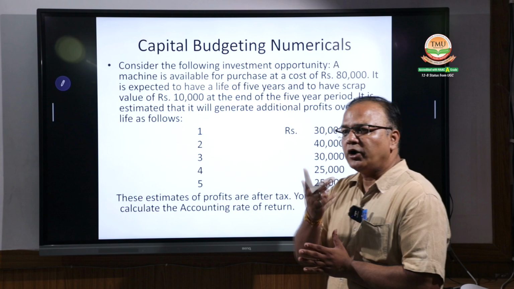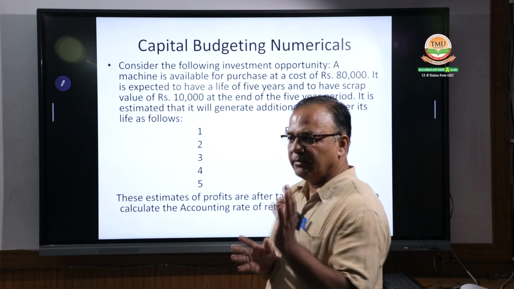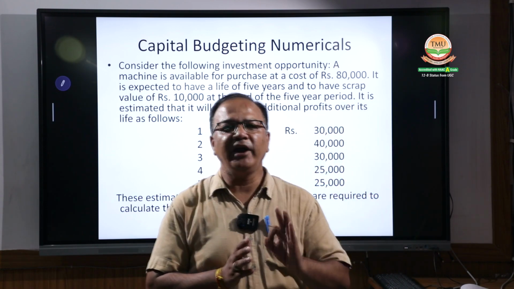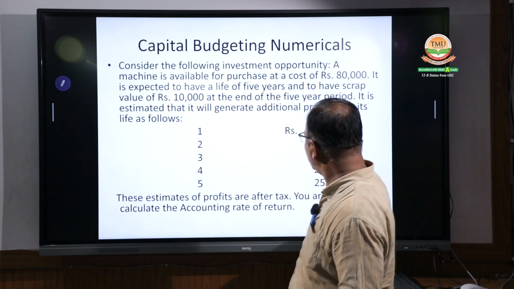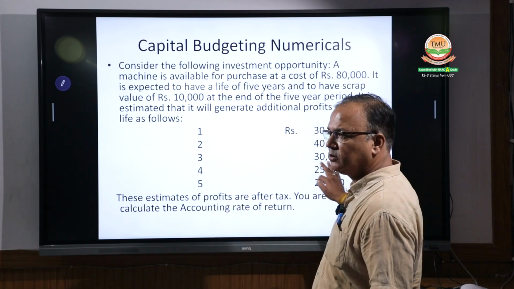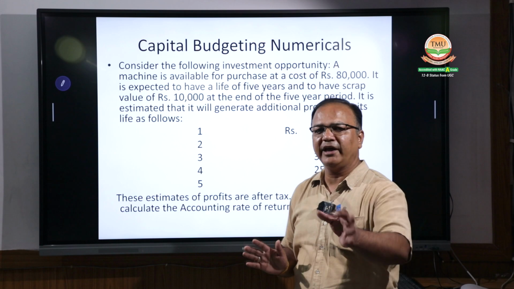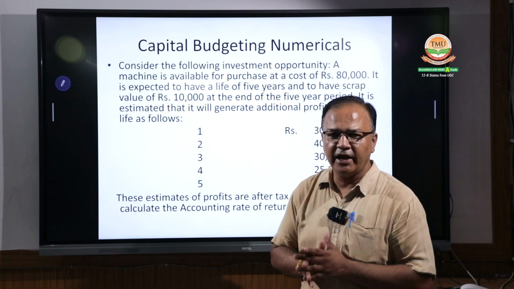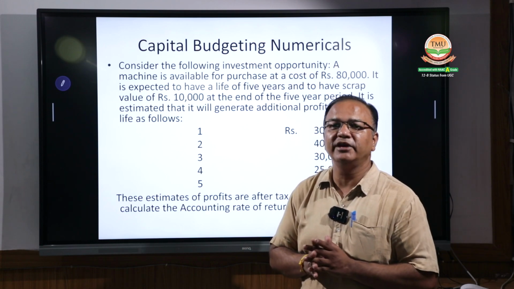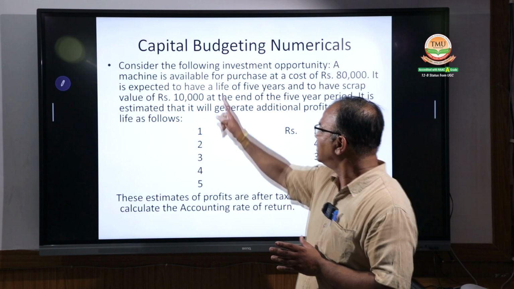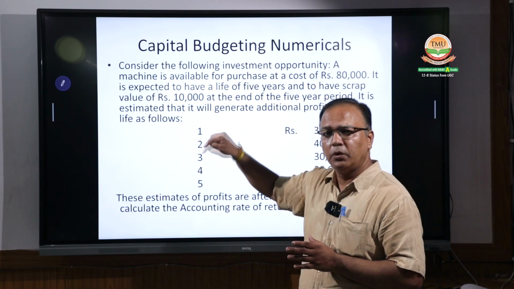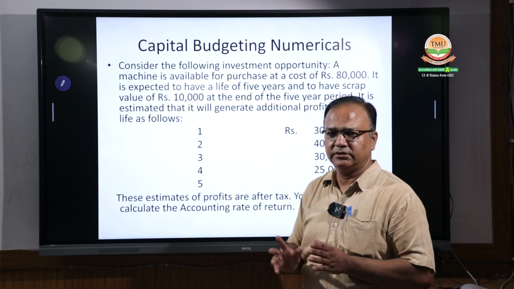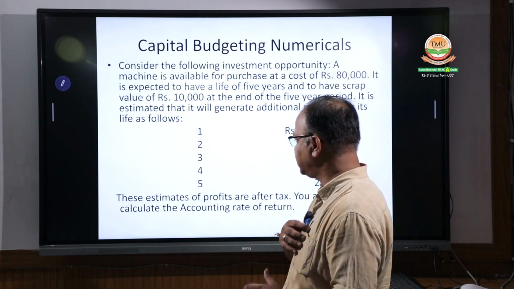You have to do two things. Number one, find average profit: simply add all these figures and divide by 5. And to find average investment, do 80,000 minus 10,000 divided by 2 plus 10,000. Let's start.